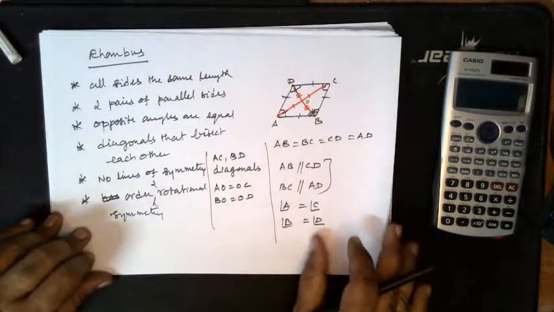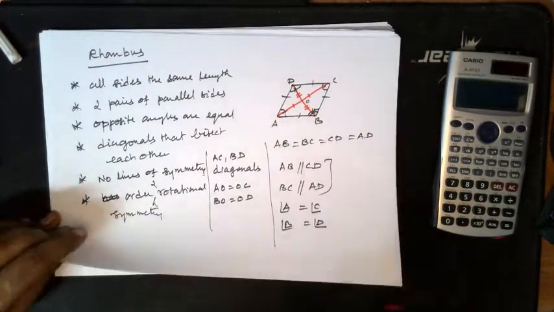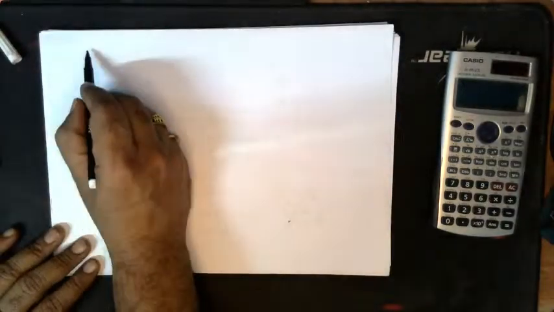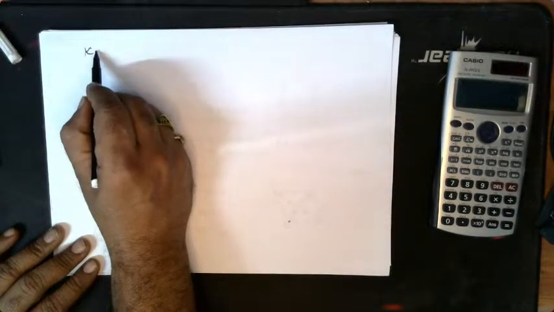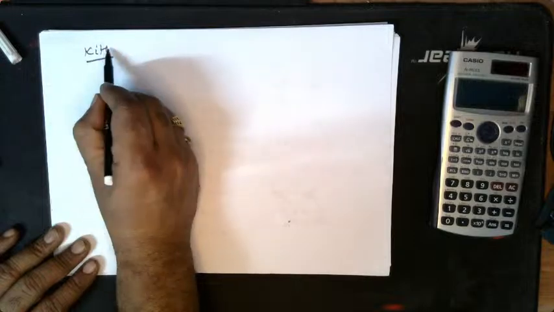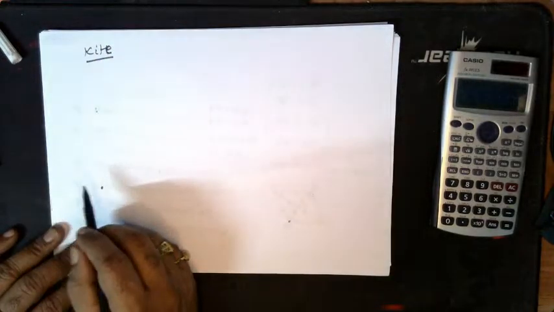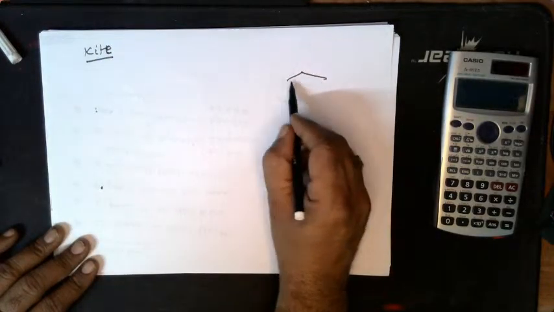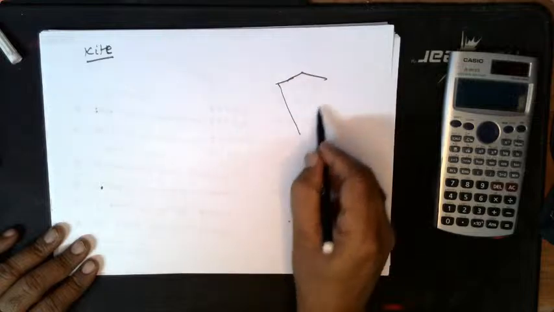Now let us move to the special type, that is kite. Here kite will be like this.